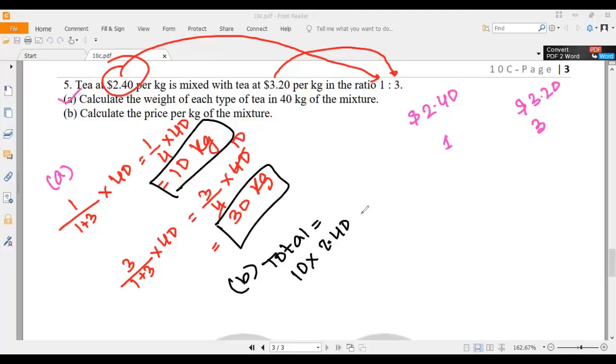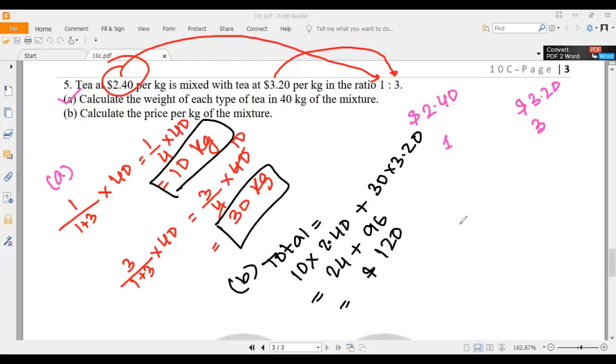So we'll multiply 10 by 2.40 and 3.20 multiplied by 30. So 10 multiplied by 2.4 will be 24, plus 30 multiplied by 3.20, which is 96. So 24 plus 96, that will be $120. That means the 40 kg mixture's total price will be $120.